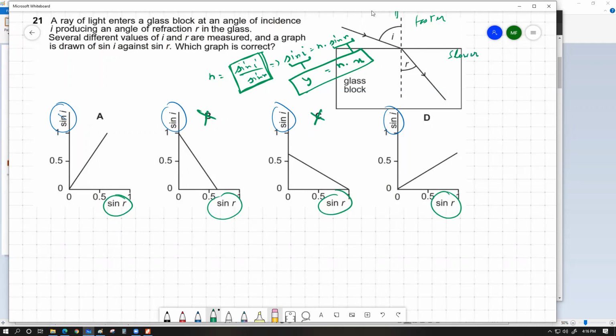So the sin I by sin R ratio, which one is supposed to be bigger? Sin I should be always bigger than sin R, or the other way around? I think sin I should be always bigger, which basically tells us that the value of this ratio should be always bigger than 1. And bigger than 1 lines are steeper than 45-degree lines.